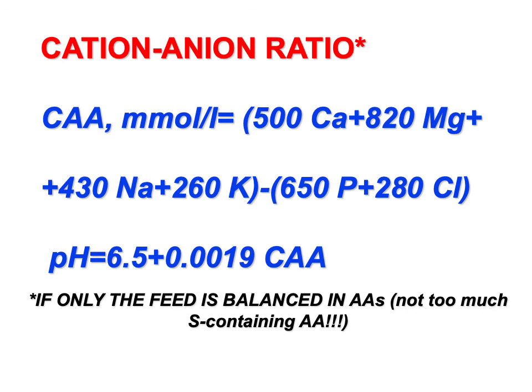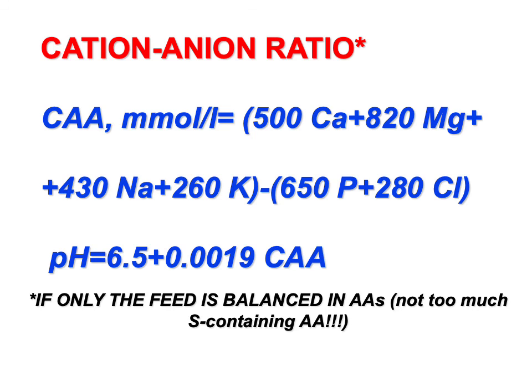And to finish, there is a possibility to calculate or to predict the pH of the urine if you know the calcium, magnesium, sodium and potassium cation levels and the phosphate and chloride levels in the feed mixture or in the pet food. This is the cation anion ratio, which can be calculated according to this equation.